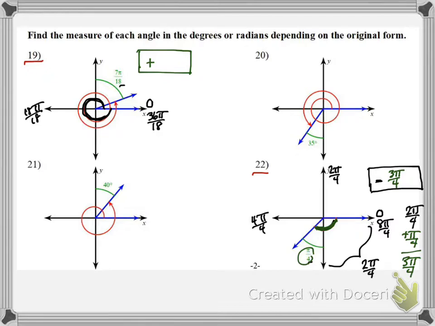So when I'm looking for what's actually making up this angle, I'm going to say this angle includes a full circle, looks like another full circle, so another 36 pi over 18. And a little bit more than that. How much more?